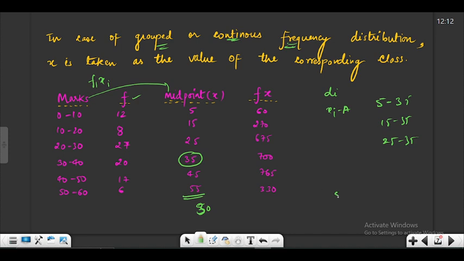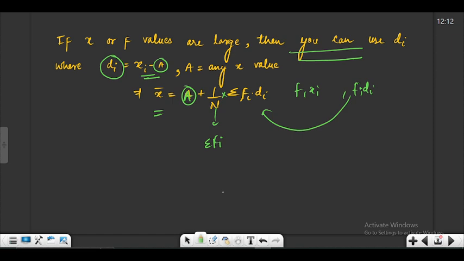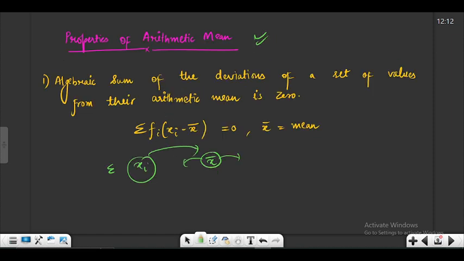So deviations will be 5 minus 30, 15 minus 30, 25 minus 30, then 35 minus 30. So in here it will be minus 25, this will be plus 5. So this is what happens. Some deviations will be negative, some will be positive, and they will cancel out and the end result will be 0. So this is what this property means.